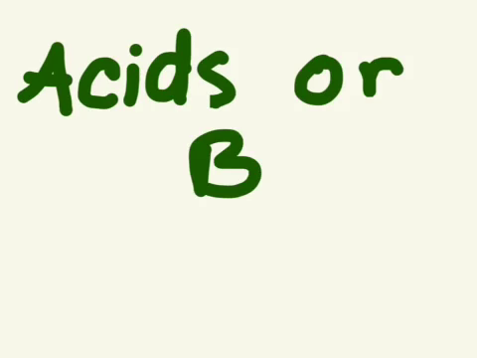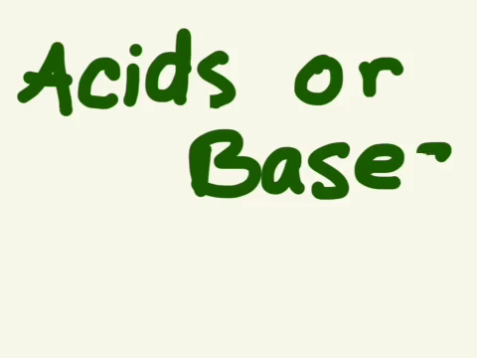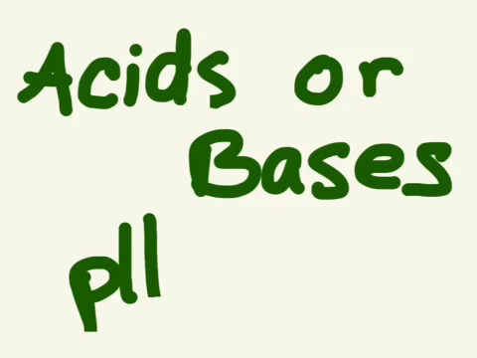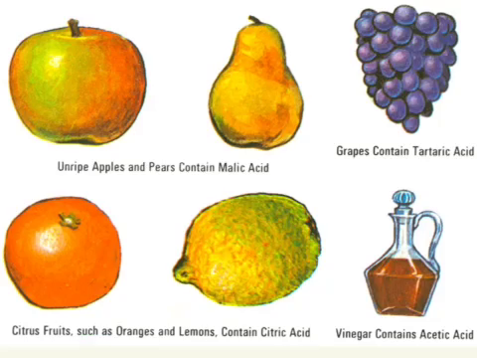The other thing I wanted to talk to you about with this particular lesson is some substances in solution can become either acids or they could become bases. And we've talked about acids and bases before and about pH and the pH scale. So I'm just going to go through this a little bit quickly. But this happens while substances are in solution. First, I want to tell you a little bit about acids.